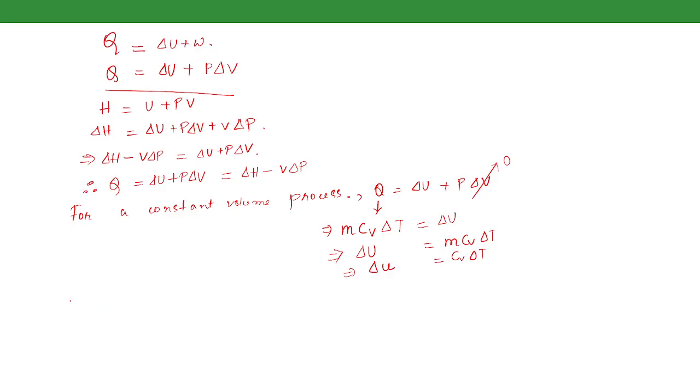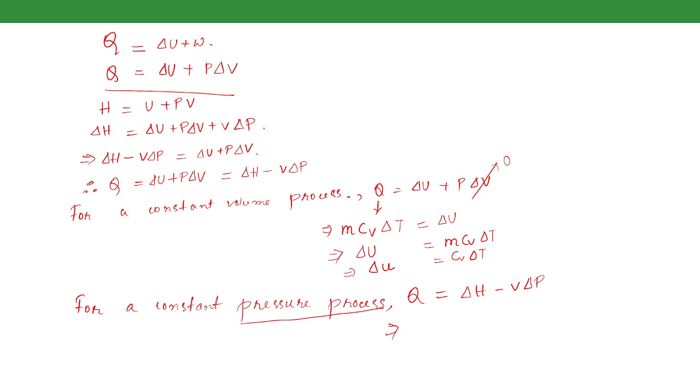Now for a constant pressure process, we will be writing the expression for delta H, that is, Q equals delta H minus V delta P. For a constant pressure process, what will be the specific heat?